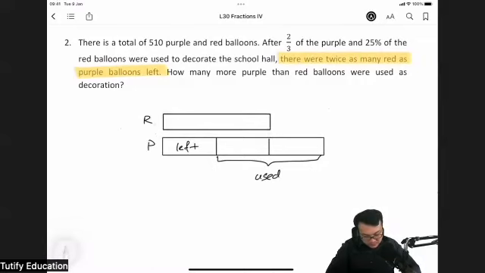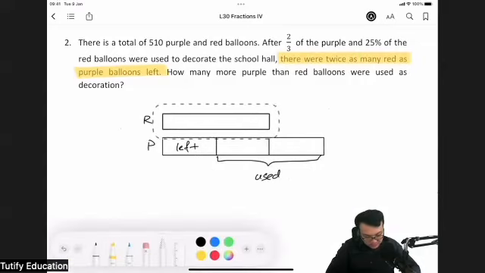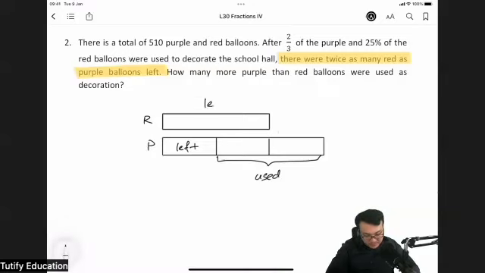So this must be how many units? How many units must be the red, Azim? 2 times as many left. Now I'm just drawing how many reds are left. Later on, I'm going to draw how many reds I used. I'm going to draw that later, but can you just tell me how many are left?